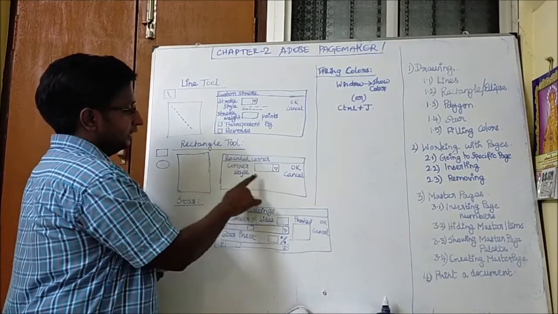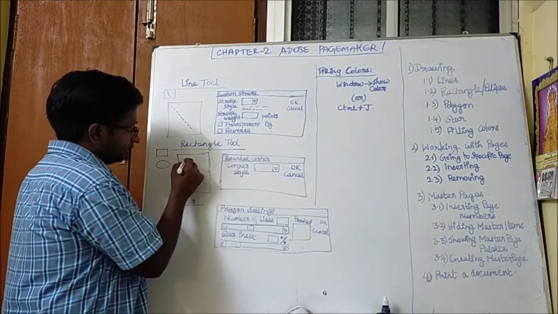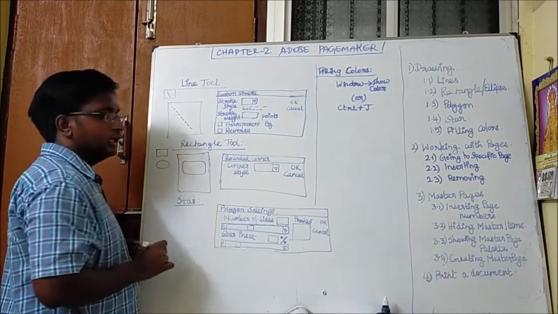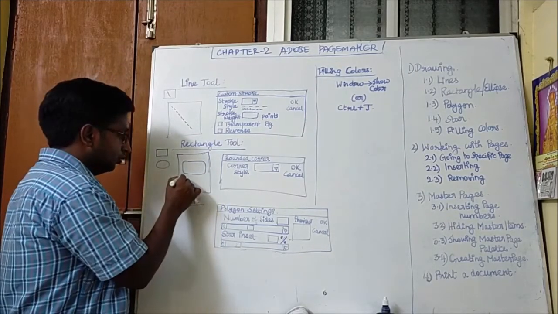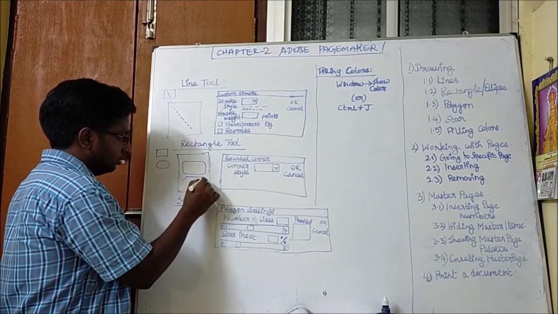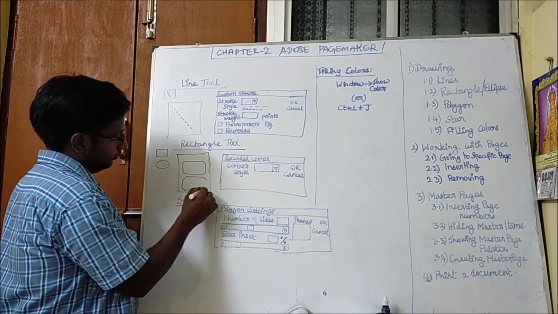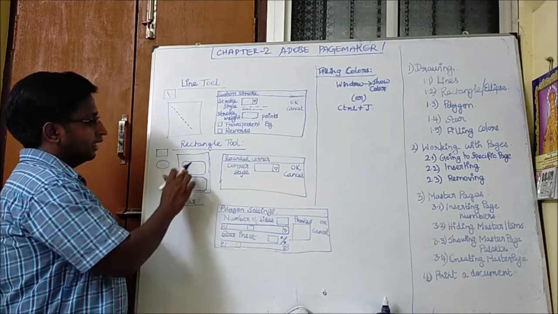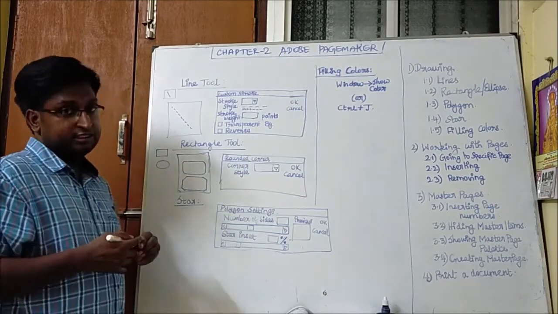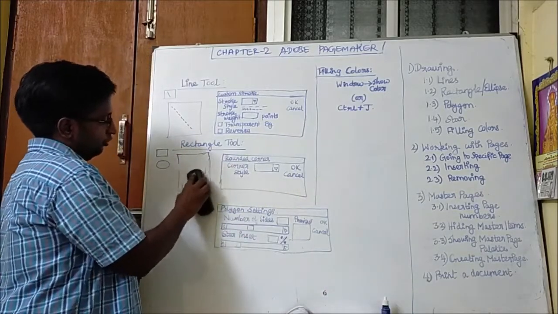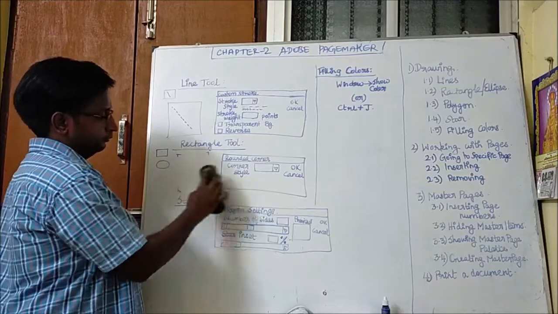From there you can set the corner style. For example, I can have a rounded edge, or I can have a sharp turn edge. Like that you can change the edges of the rectangle.